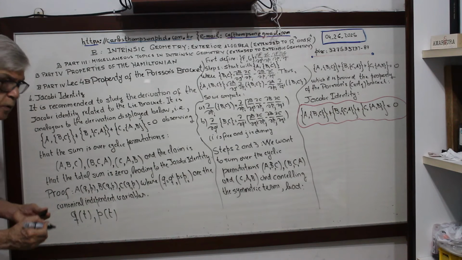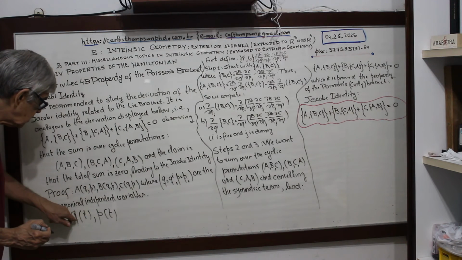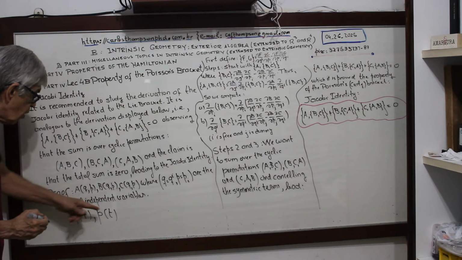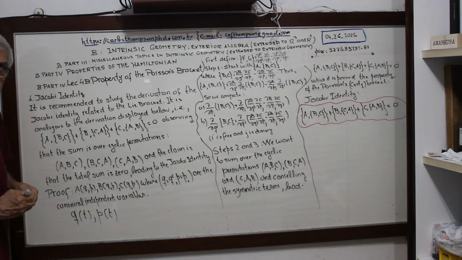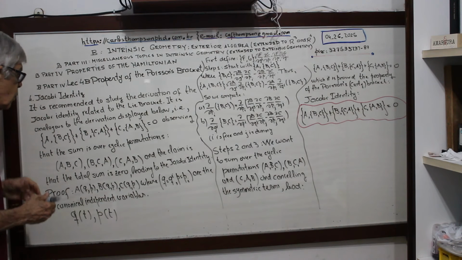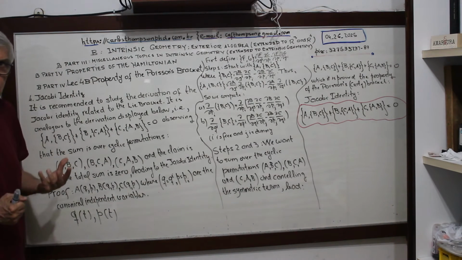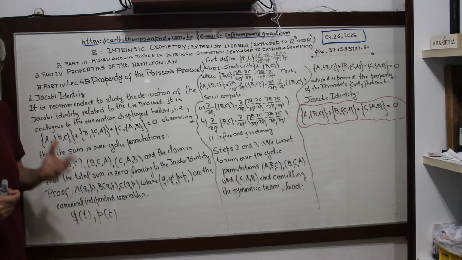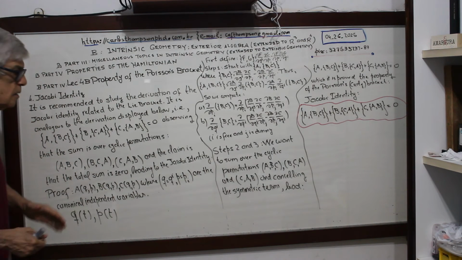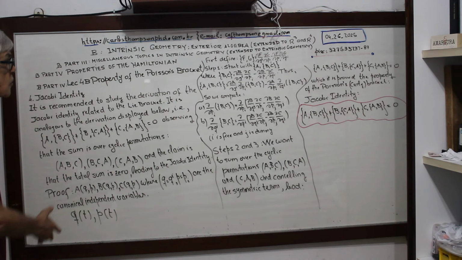And in the autonomous system, these are functions of T, but not explicitly, because in the explicit case we would have the Poisson bracket function of Q, P, and T, which is not the case. So let's prove.